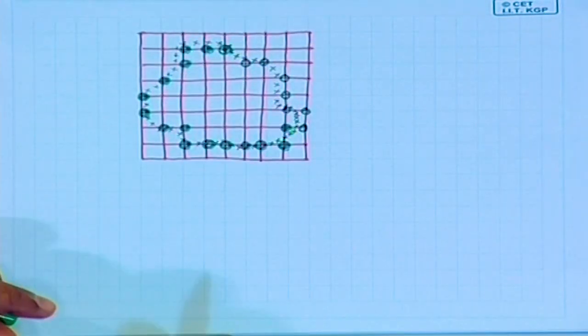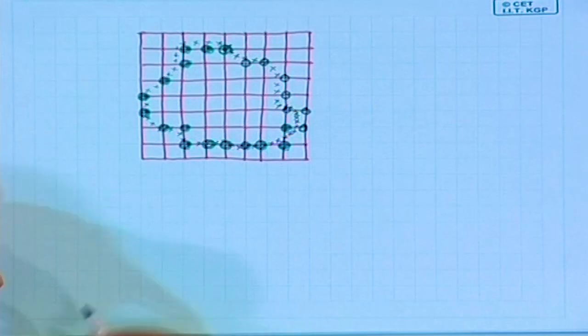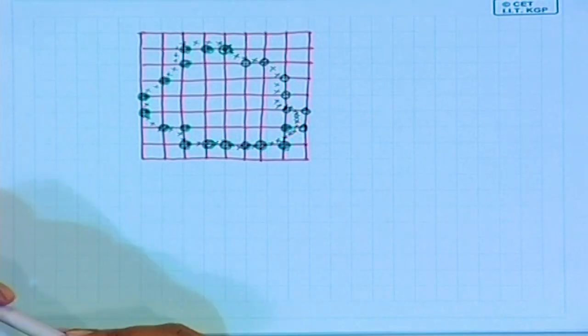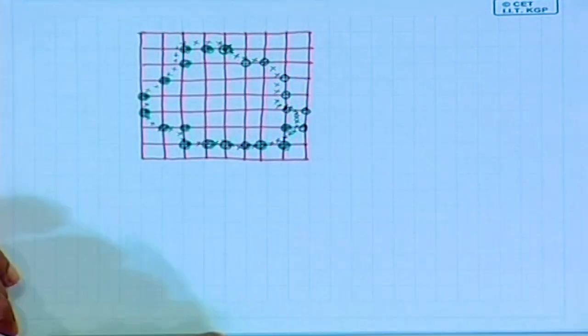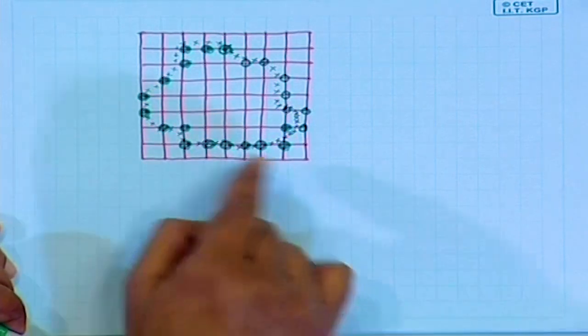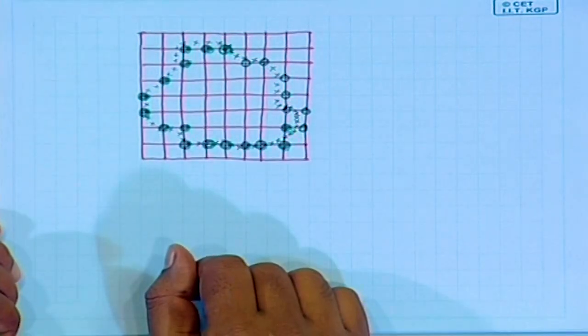Okay. So, these are the grid points of this larger grid to which the points will be associated.